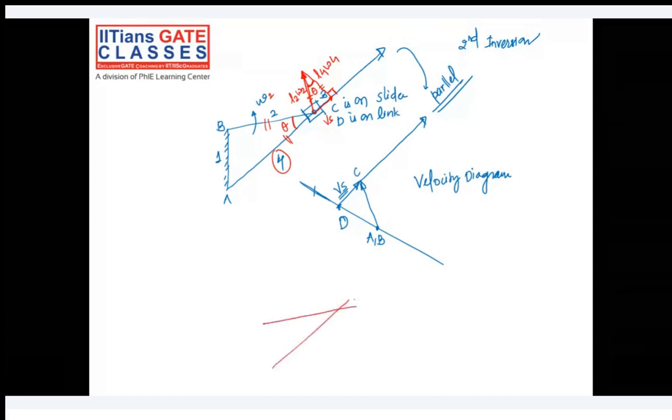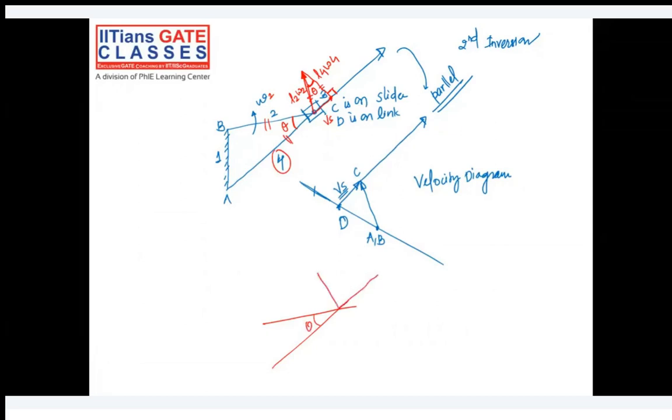Then if I draw a perpendicular to this line and perpendicular to this line, this also has to be theta. Clear? So that's why I have written it theta.